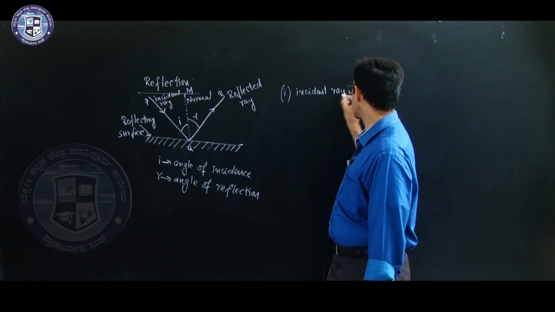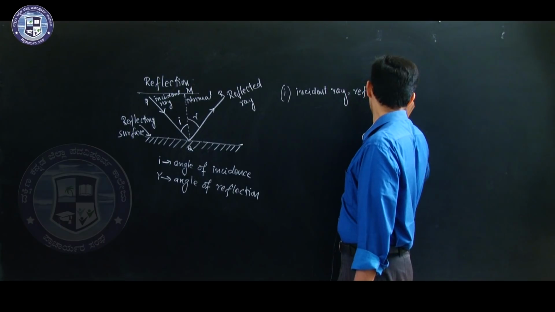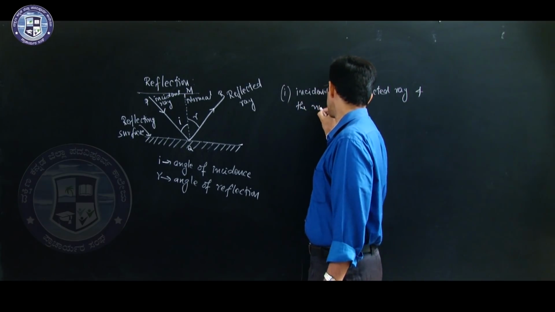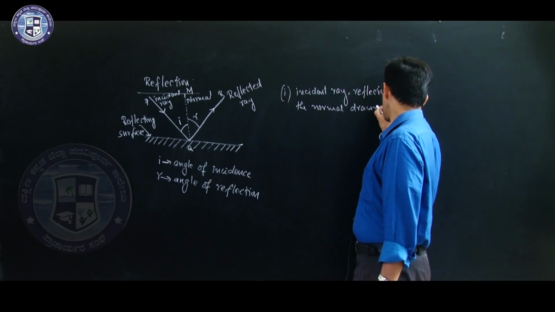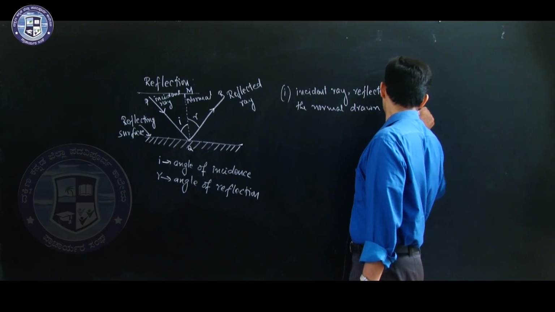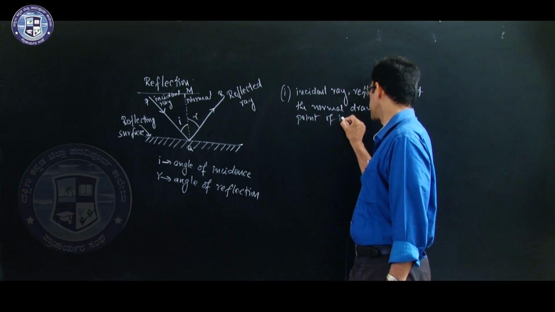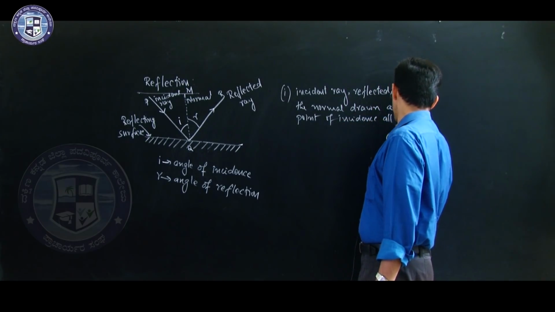So, the incident ray, reflected ray and the normal drawn at the point of incidence all lie in the same plane.